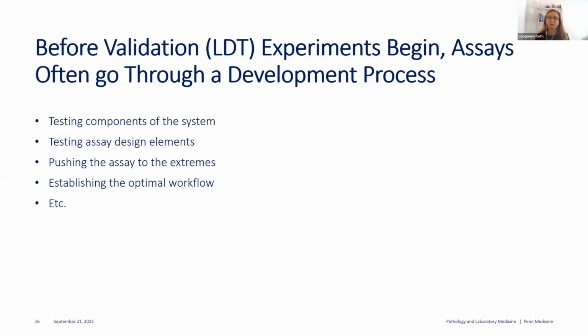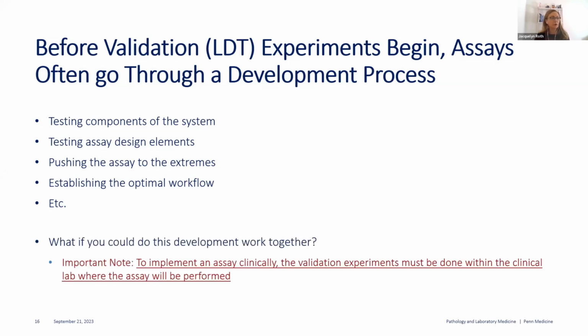Once you've figured all of those things out, you can then have an idea of the exact experiments you would need to do in the validation, with the test designed exactly as you intend to clinically implement it. As you might imagine, this can be a lot of work. So what if there was a community, such as the one you have or other ones that we participate in, where you could do this development work together?